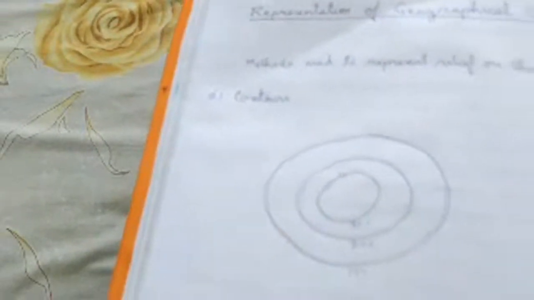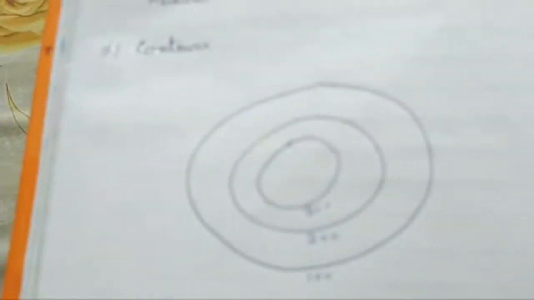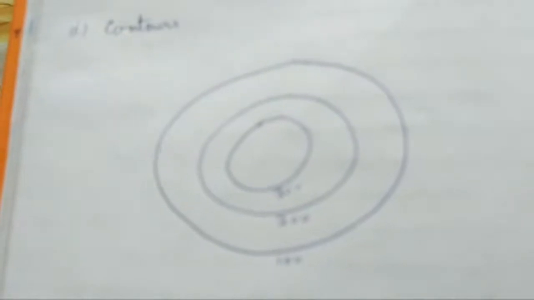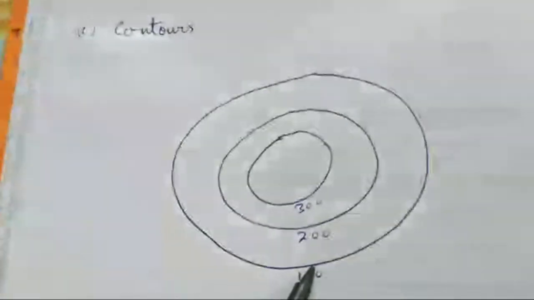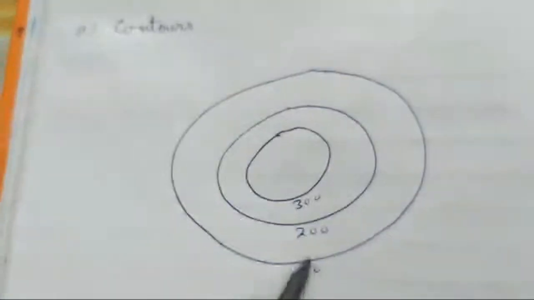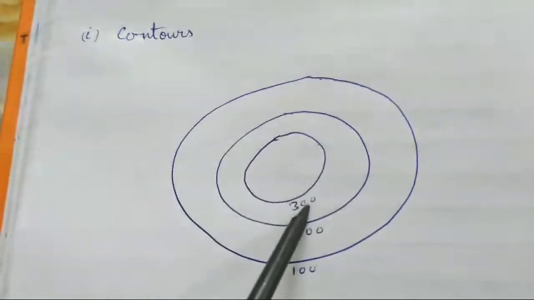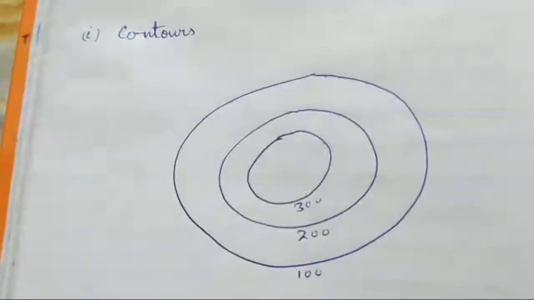Let me explain. Now here if you see, these contours have very different heights given here, right? 100 meter, 200 meter and 300 meter.